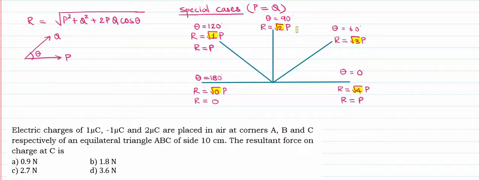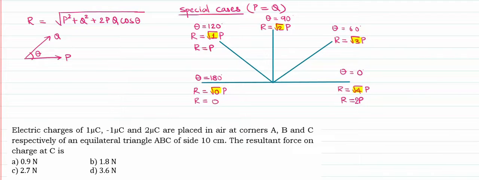When it is 180, root 0; 120, root 1; 90, root 2; 60, root 3; and 0, root 4. When it is root 4, it will be equal to 2P, not P, it should be 2P. So this will be easy to remember: root 0, root 1, root 2, root 3, root 4.